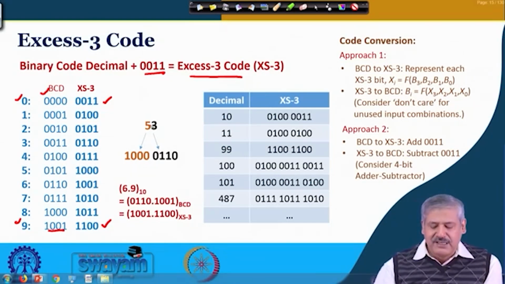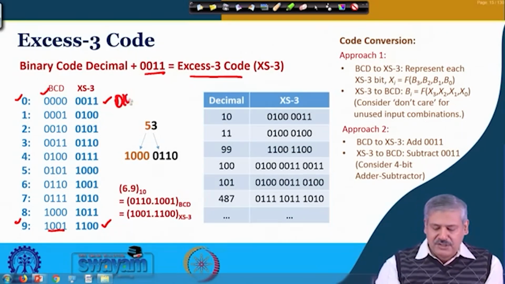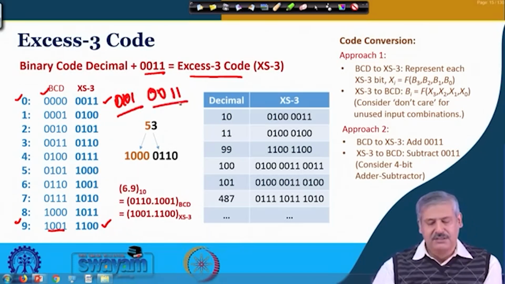If we are representing the number 5 3 in BCD code, it will be 0 1 0 1 for 5 and 0 0 1 1 for 3.